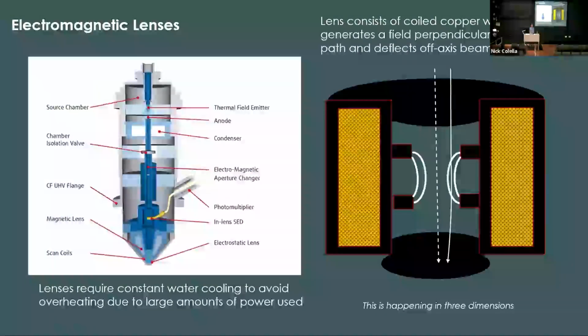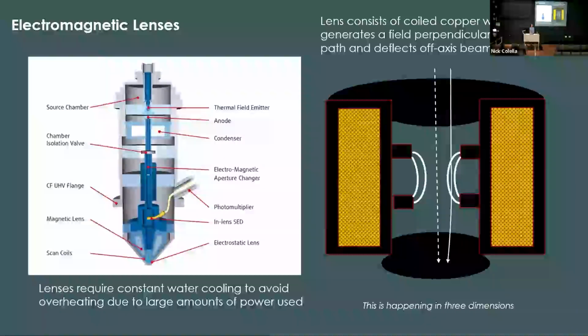So the electromagnetic lens, and again, different SEM designs will have a different number of these condenser lenses. The electromagnetic lens is a coil of wire. As the beam passes through that, when you change specific parameters, the current passing through the lens coil will change, and that will affect how much the beam is deflected as it's traveling down the column path.